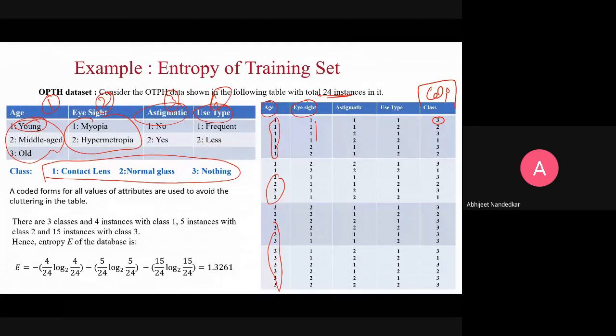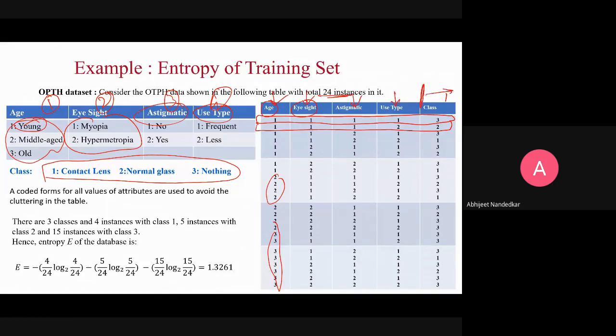So the data here is arranged like this. This is the sample for person number 1, and this is the sample for person number 2, and there are 4 features here, and the last one is the outcome. A coded form for all values of attributes is used to avoid cluttering in the table.